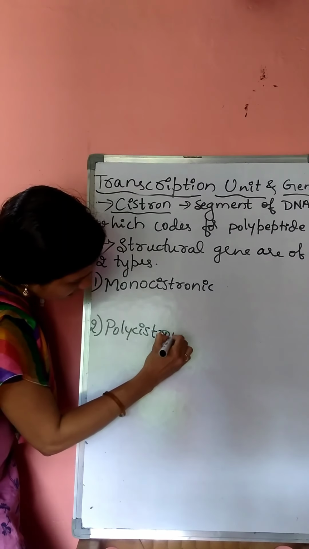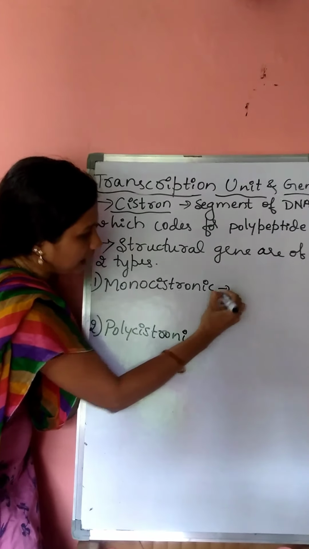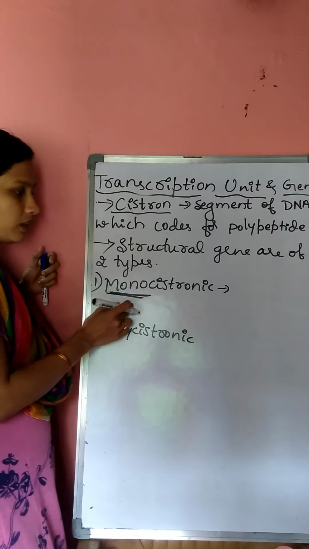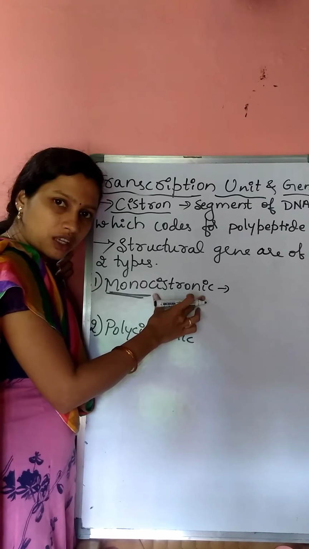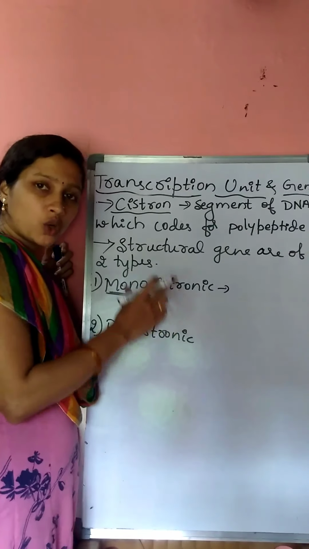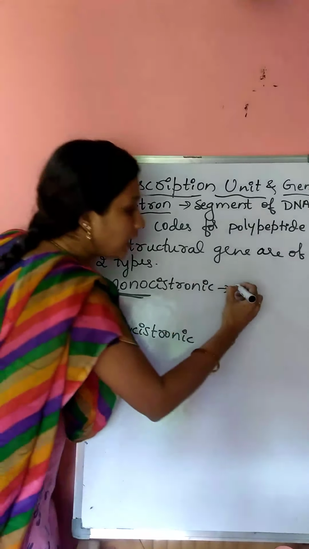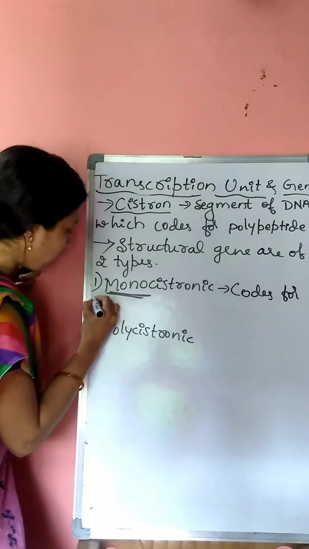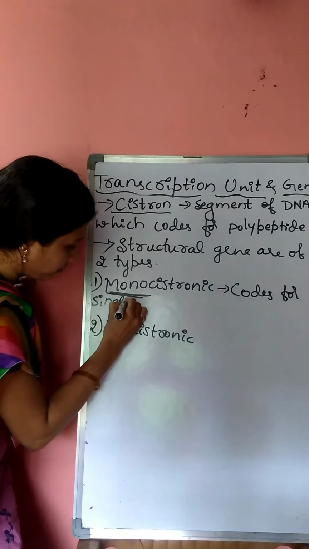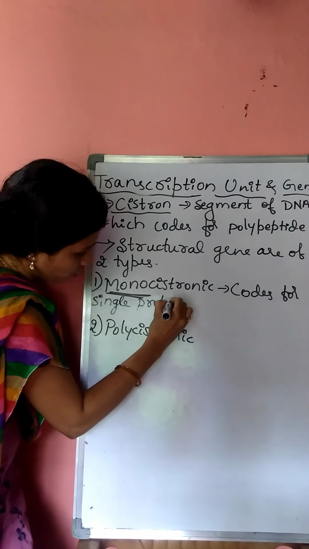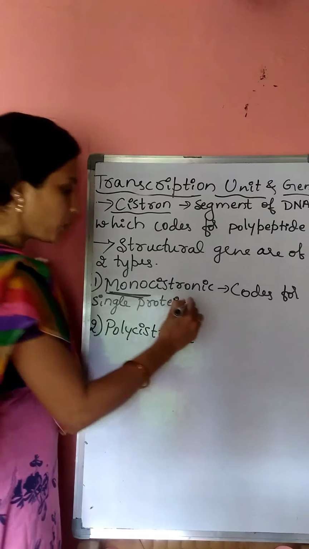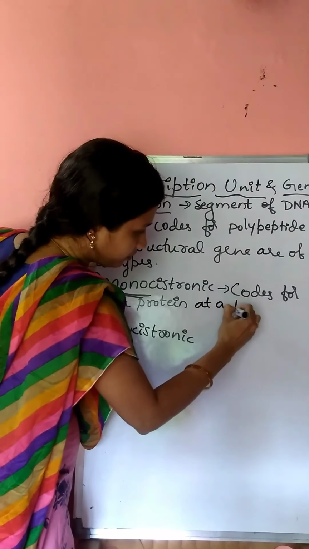Monocistronic, as the name indicates, mono means single: the structural gene which codes for a single protein at a time.